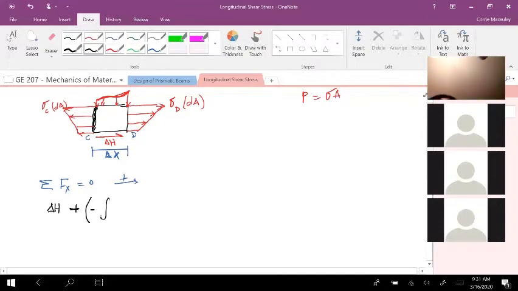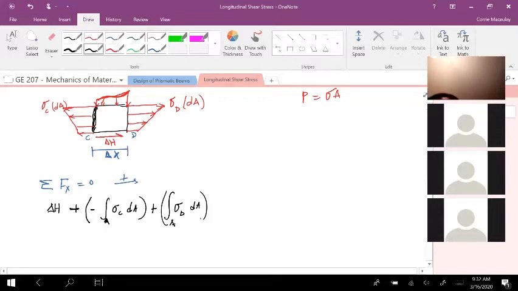And I'm going to use an integral for it, right? Because it's non-uniform. So it'll be sigma c dA, and I want to integrate with respect to the area, right? And then plus on the right side, we would have the integral of sigma d dA with respect to the area, right?